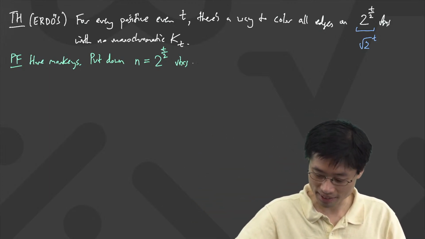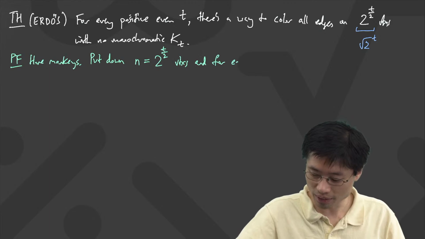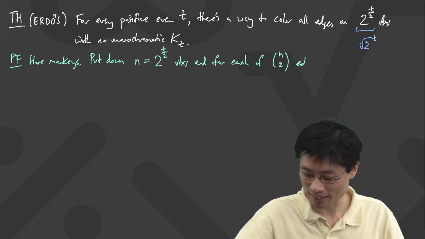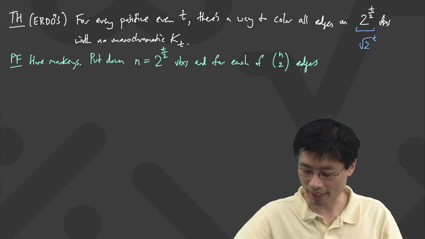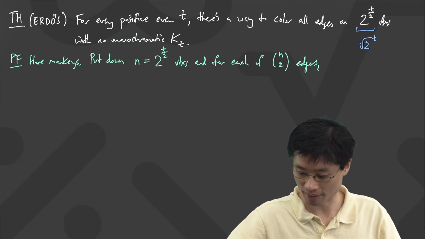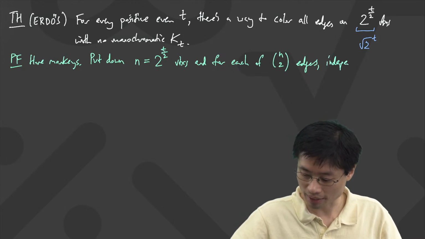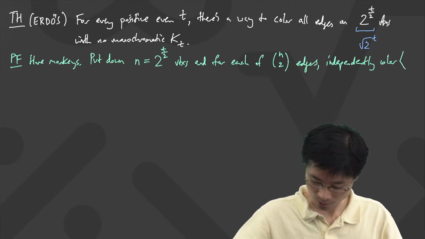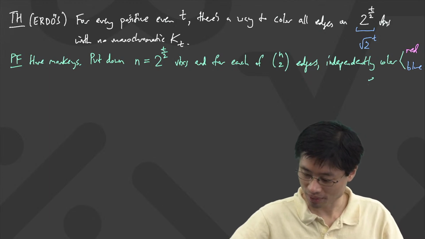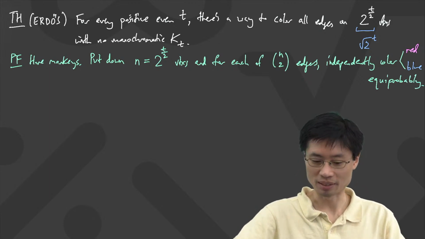Put down this many vertices, and for each of the n choose 2 edges, this many edges, you randomly color red or blue with 50-50 chance independently, equiprobably. That just means 50-50 chance.